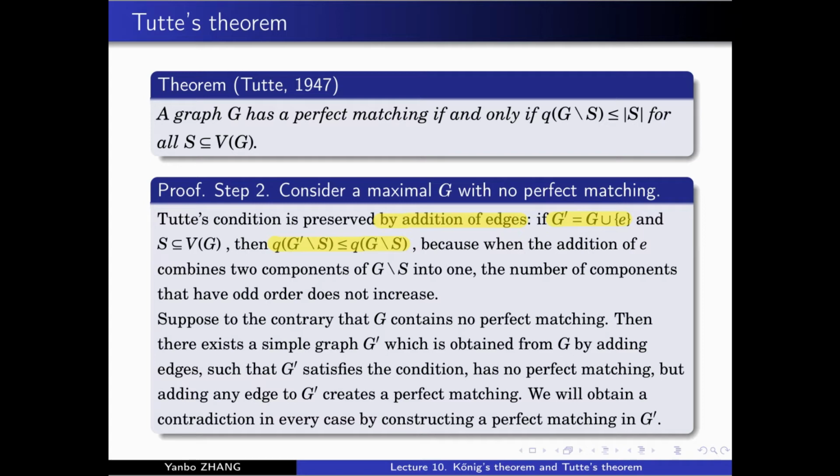That means the number of odd components does not increase. This is because when the addition of e combines two components of G - S into one, the number of odd components does not increase.